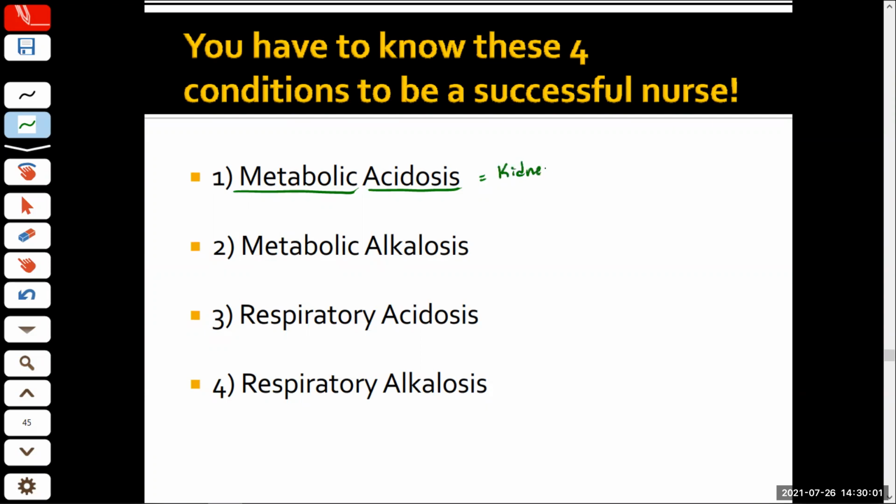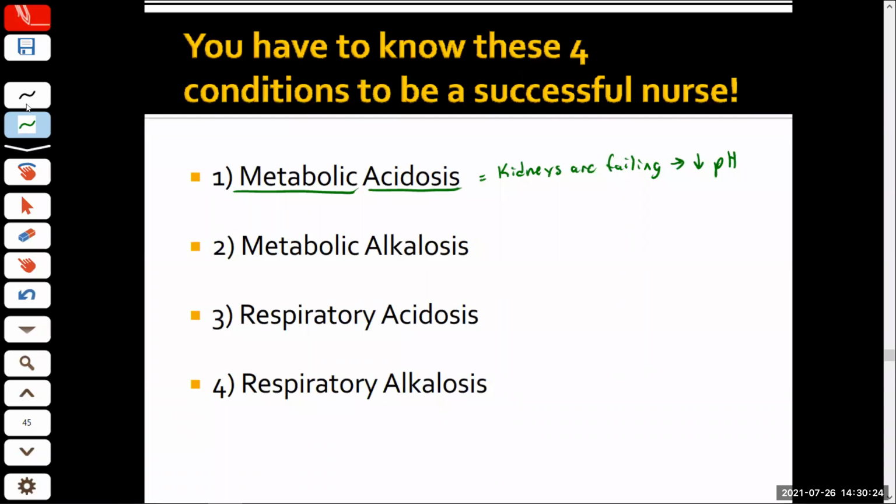So that means my kidneys are failing, leading what to happen to my pH? It's going down, it's reducing, very good. So if I have metabolic acidosis, my kidneys are failing, causing a drop in my pH.